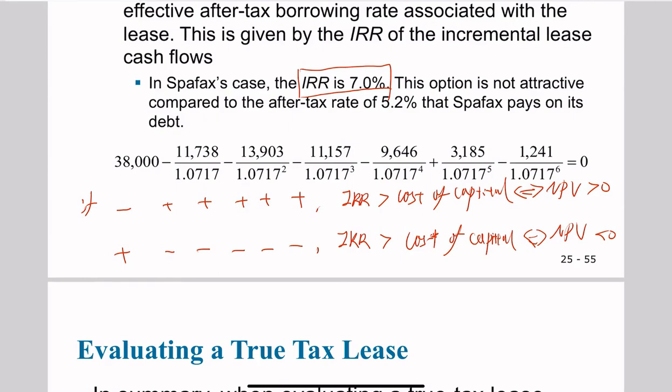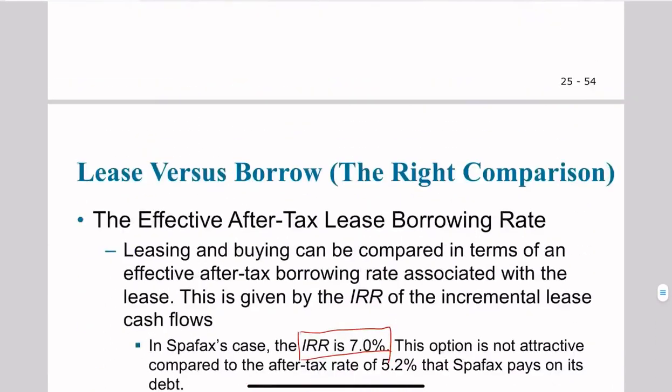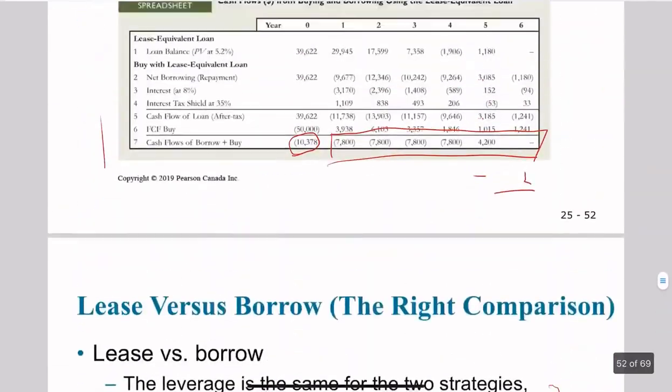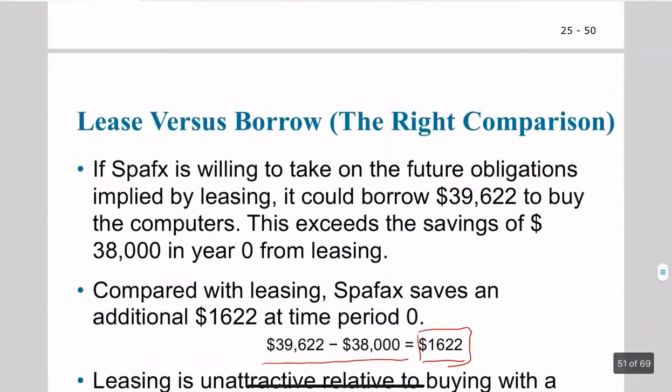So in this case, we are talking about the second case here, right? That is, the initial cash flow is positive. So in this case, the IRR of 7% is larger than the cost of capital of 5.2%. And we know that this is a negative NPV project, which means leasing relative to buying is undesirable. So we basically talk about, roughly speaking, three methods here, right?